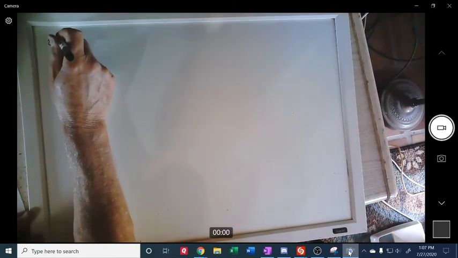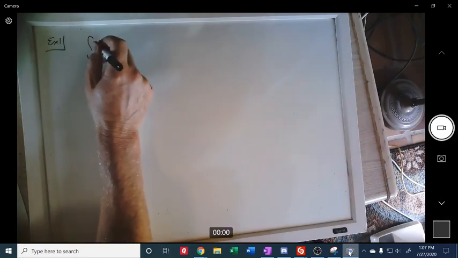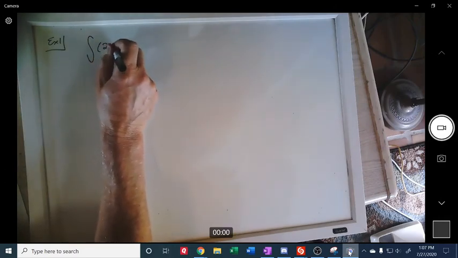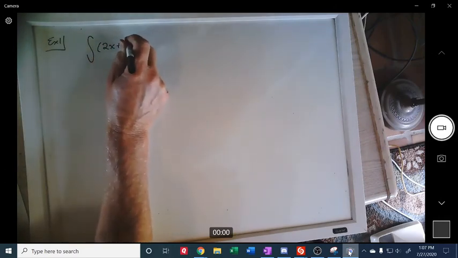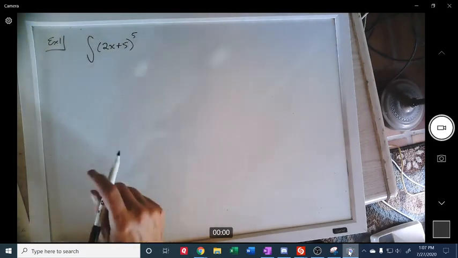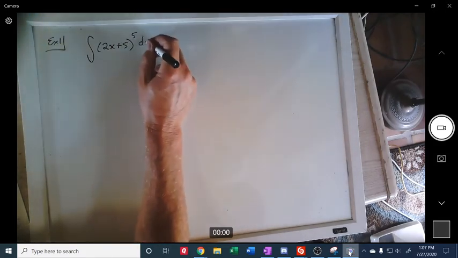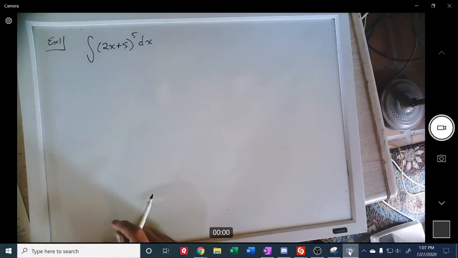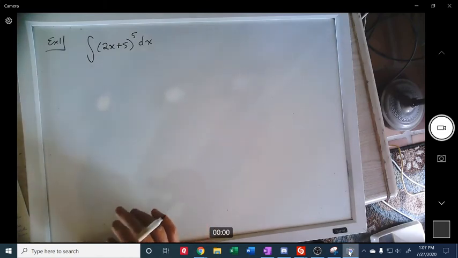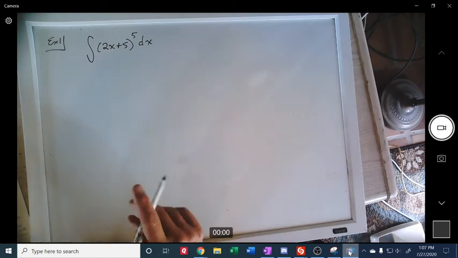Example 1. The same integral we were looking at before: the integral of 2x plus 5 to the 5th. And we found the wrong answer, which was identified as wrong because it didn't have that extra 2 accounted for. How I'm going to account for that 2 is with this u substitution.